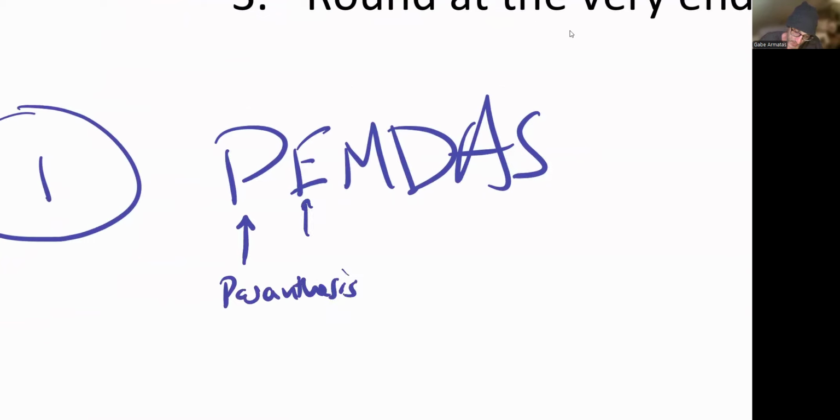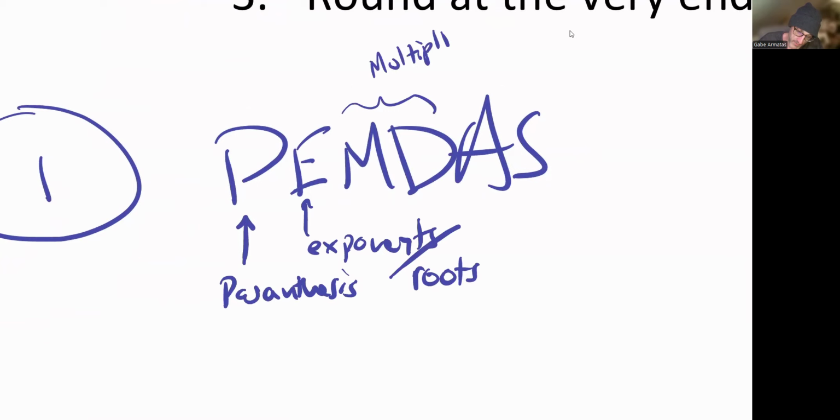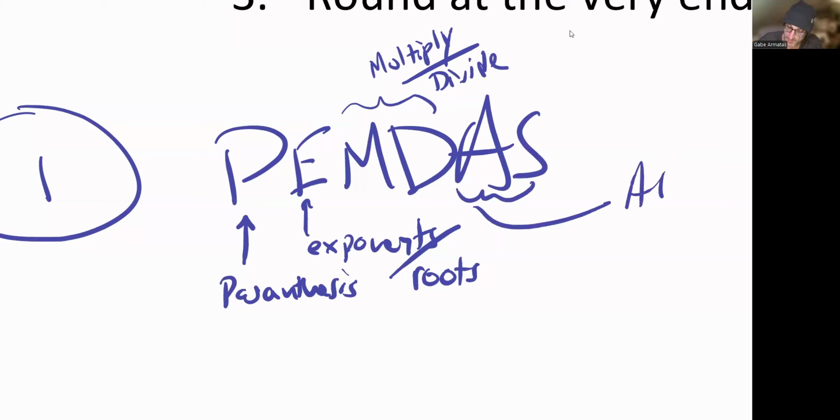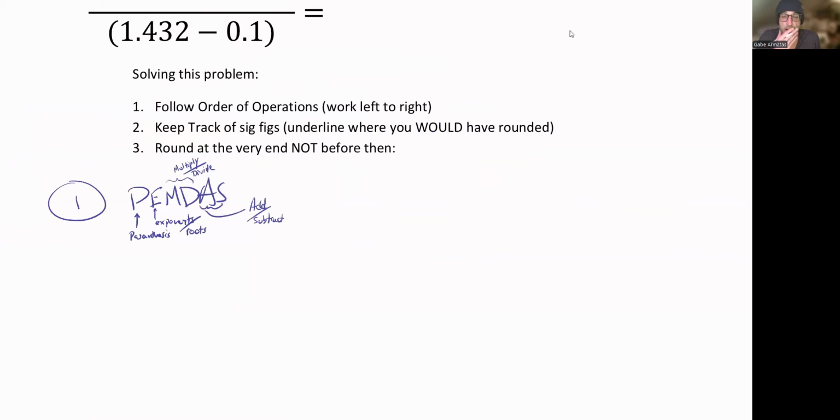Then we're going to do exponents, and by the way, we're also going to put roots in there, exponents and roots. Then we are going to do multiply, divide. And then finally, add, subtract. So we're always going to work from left to right, and we're going to do these properly.